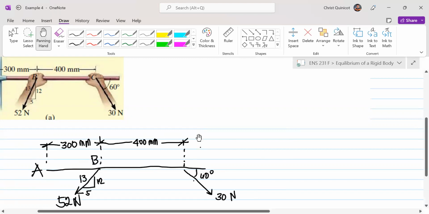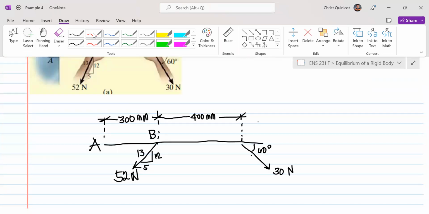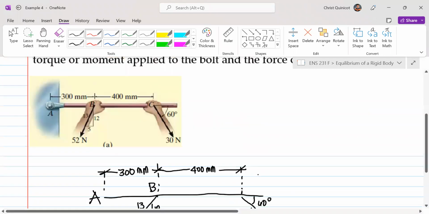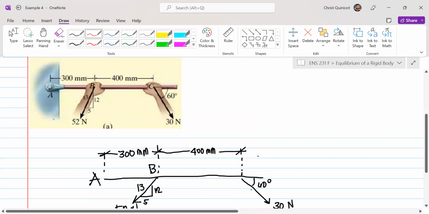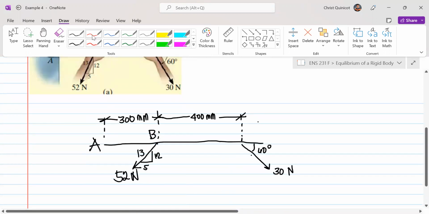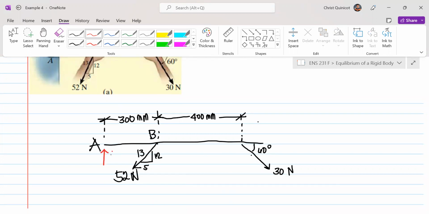Now remember when I said that usually the horizontal or vertical component of our unknowns can be assumed. Of course, we can say that the y component will only be going up, because no other force is going upward. So automatically you can say that A sub y is going up.